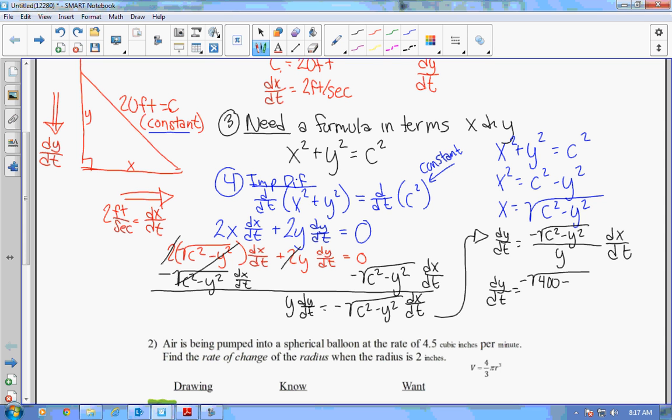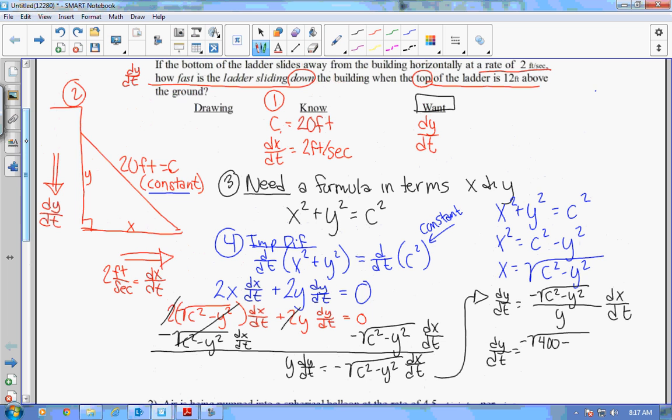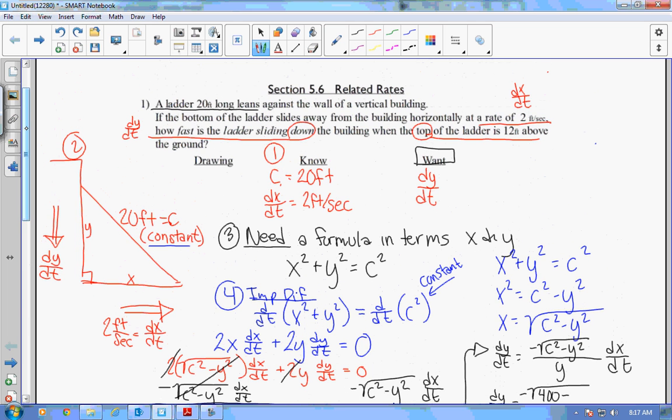Do we know y? We know y. Yeah, Alex, say it louder. 12 feet. There's actually one more thing we knew. y equals 12 feet above. Right there.